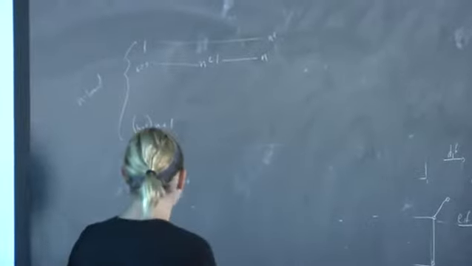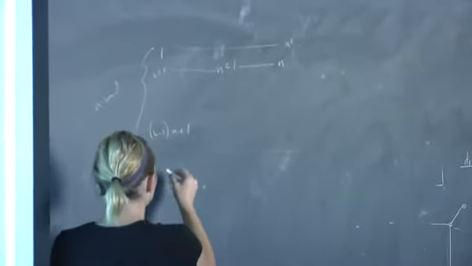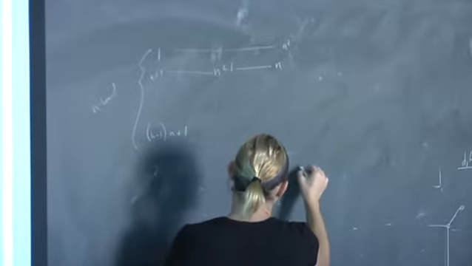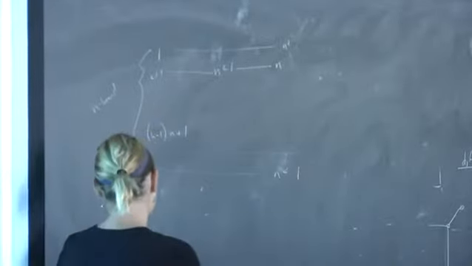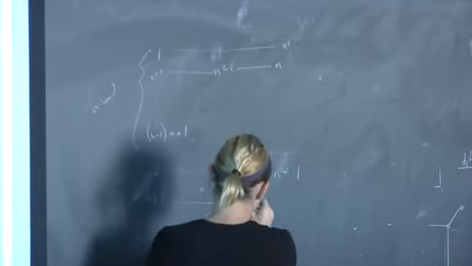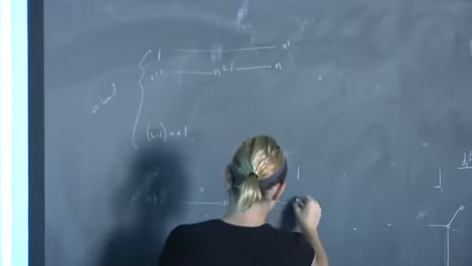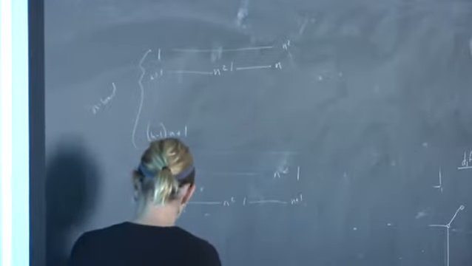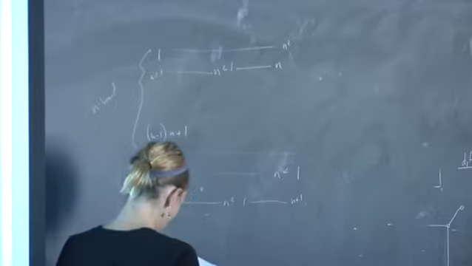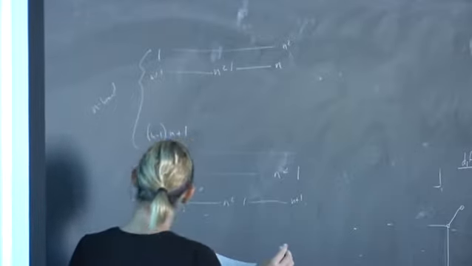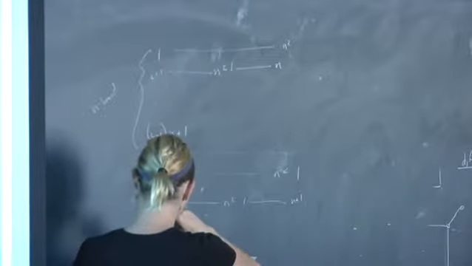Then what I do is I start at 2, and I go out to n squared, and then I add a 1 at the end, and then I do n plus 2, and I go to n squared, and then 1, and all the way to n plus 1, and then I go all the way down to n minus 1. Oh, sorry.